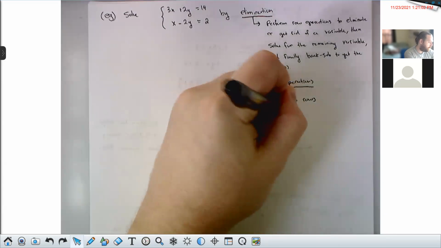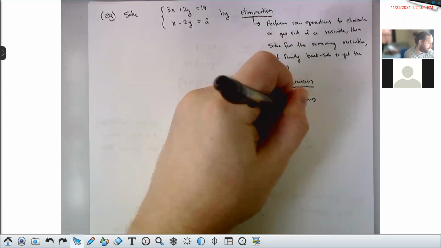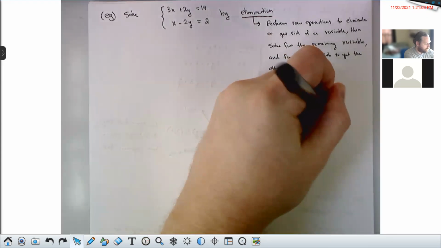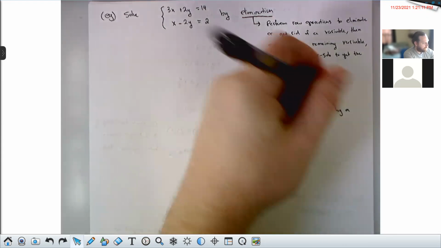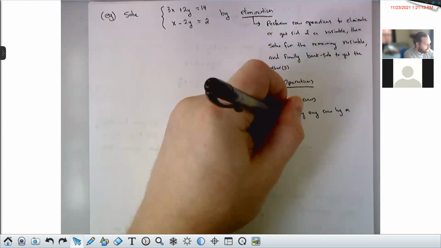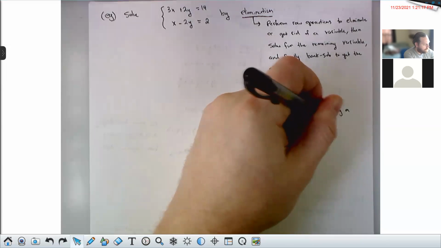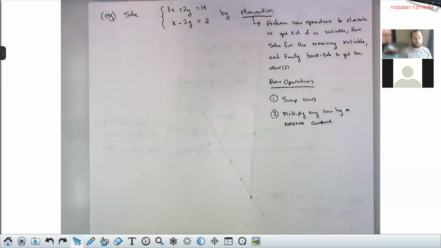Second, you're allowed to multiply any row by a non-zero constant. You know that if I give you an equation like x minus 2y equals 2, like this second equation, you can multiply on both sides of this equation by 3, and it doesn't change anything.